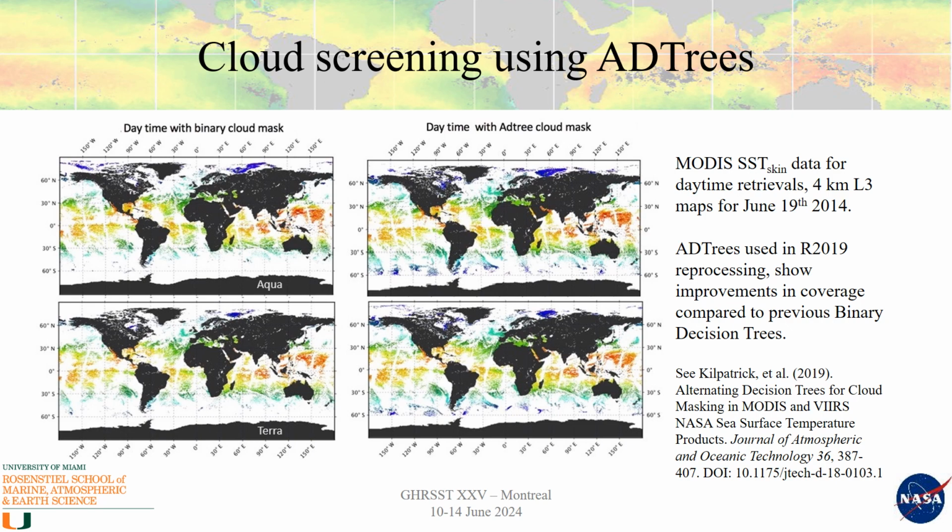We have to decide how to remove cloud-contaminated pixels from the SST retrieval process. At the start of the two missions, we adapted the decision tree approach, which was developed for the AVHRR Pathfinder SST program.